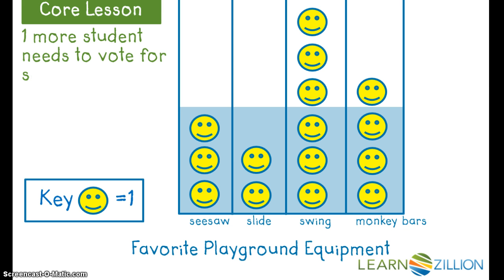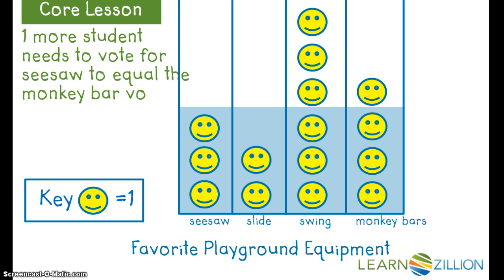So one more student needs to vote for seesaw to equal the monkey bar votes. 4 minus 3 equals 1, or I could use addition and say 3 plus what number equals 4. 3 plus 1 equals 4.